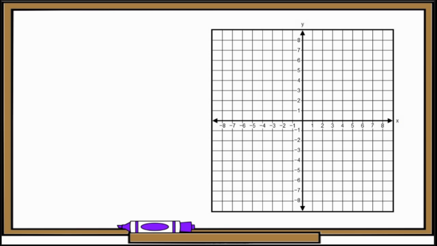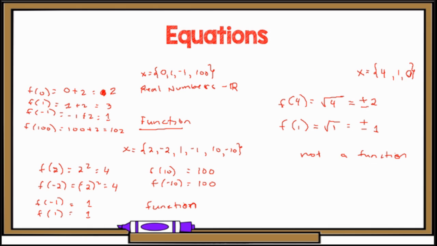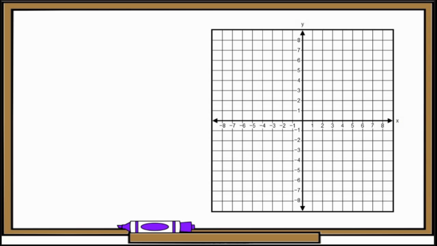Earlier, when we evaluated the equation at some points x, we were able to come up with values in the range, which can also be written as ordered pairs. If you still remember, we used certain values such as 0, 1, -1, and 100.